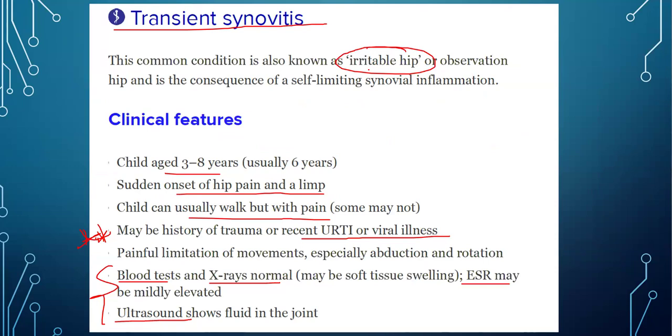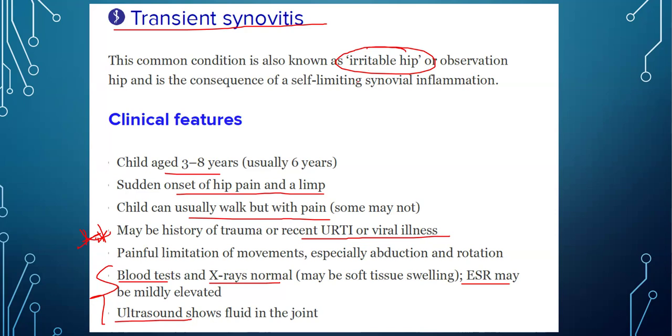Just because there is a history of viral illness doesn't necessarily mean that it is always transient synovitis. The symptoms will be important. If the child is unable to move the joint at all, so quite restricted, with significant pain, with or without fever, it doesn't matter. Even if you think this is transient synovitis, you have to consider the possibility of septic arthritis.